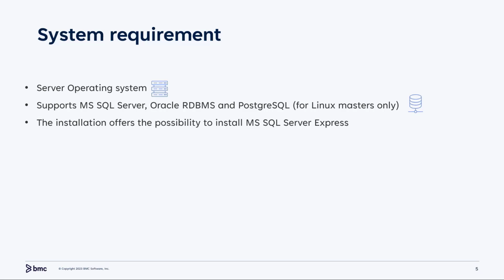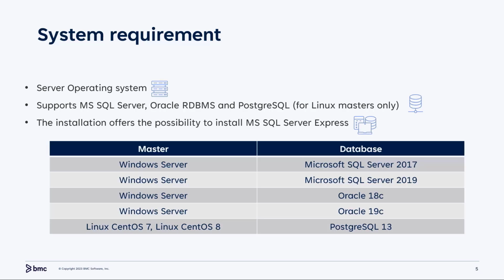However, that is possible only if there is no other database engine already running within the network. This is a snippet of the supported operating systems and databases. However, we strongly recommend referring to our documentation page for detailed information on hardware and software requirements for the master server installation and upgrade process.